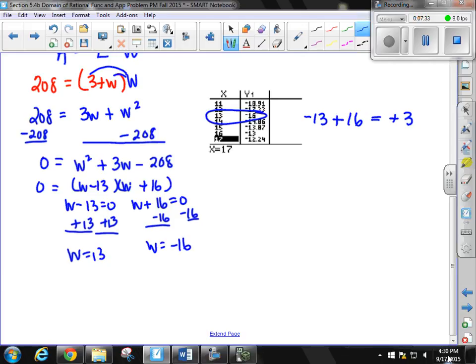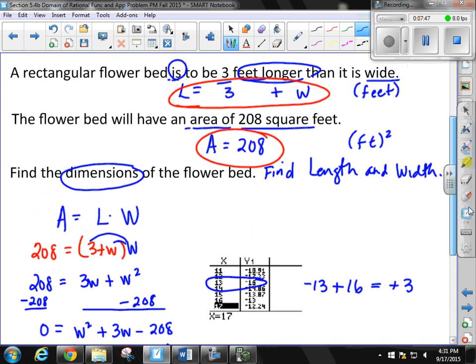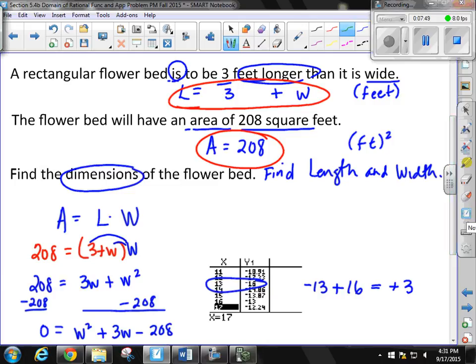When you're measuring something, the width cannot be a negative number. When we're doing these application problems, we always want positive dimensions. We just said the width is 13. If I scroll back up here, I had a definition for length, right? I said the length is 3 more than the width.